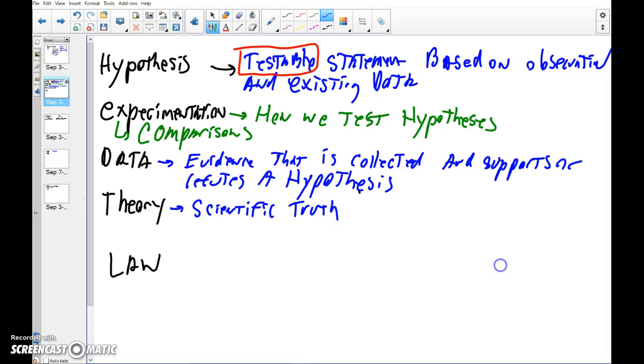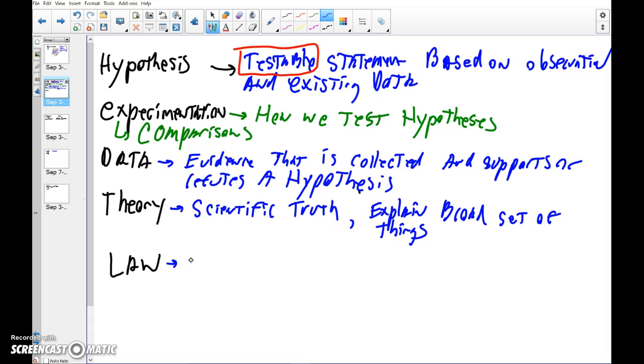Now, theories tend to explain a broad set of events or ideas. You know, like the cell theory explains cells. Well, cells are really complicated. There's a lot of detailed hypotheses within that theory that explain the specifics of cells. But the cell theory itself explains a lot about cells.